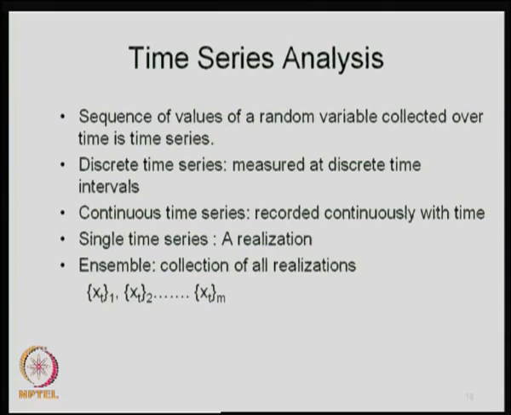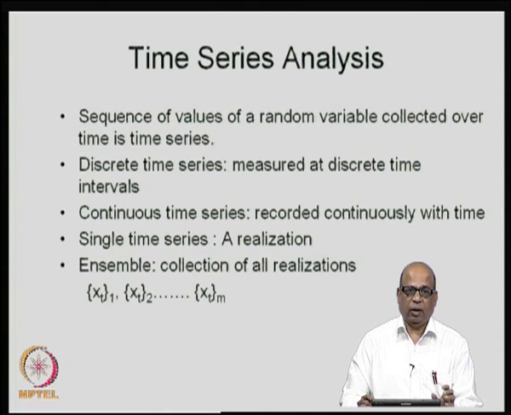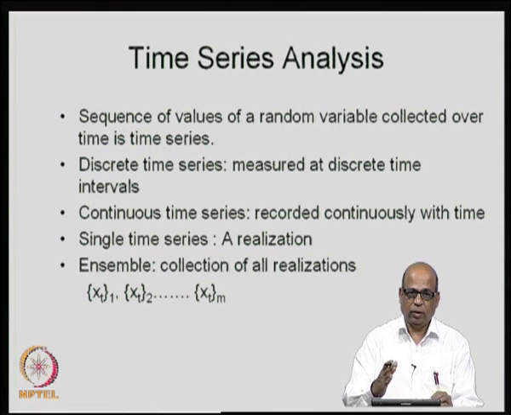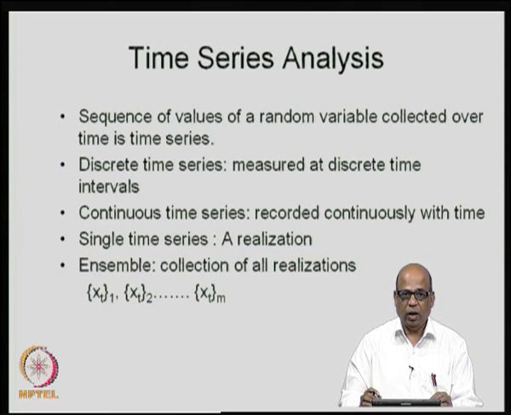So, what do we mean by time series? Time series is a sequence of values of a random variable collected over time. Let us say you are talking about stream flows. When we say stream flow time series, it is observed values of stream flows across time. Let us say for the last 50 years, every month we have observed the values of stream flow, and this sequence of monthly flows observed over the last 50 years constitutes a time series.